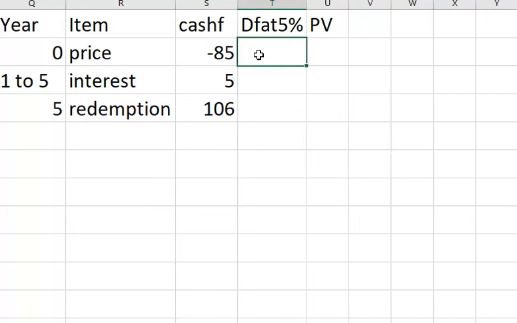Okay. Now, in year 0, discount factor is always 1, no matter what the rate is. So you put 1. Then year 1 to 5, that's annuity. So I want to teach you something else on annuity. We have a formula for annuity, which I hope you know.